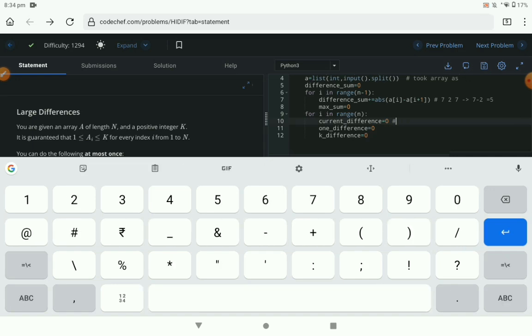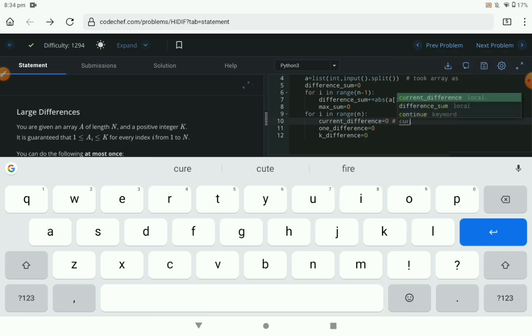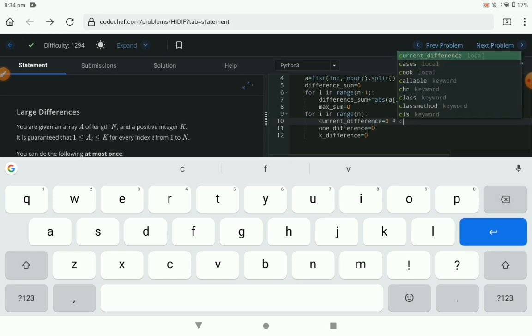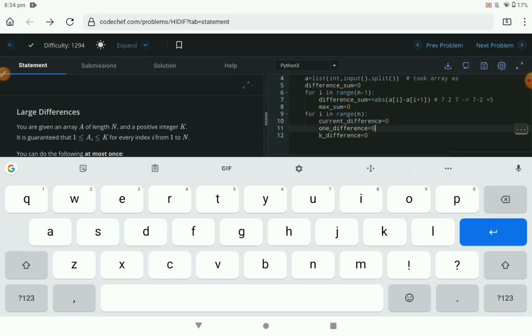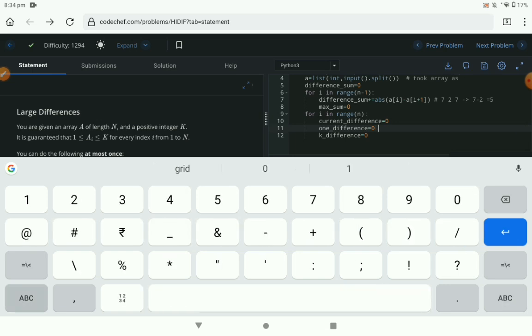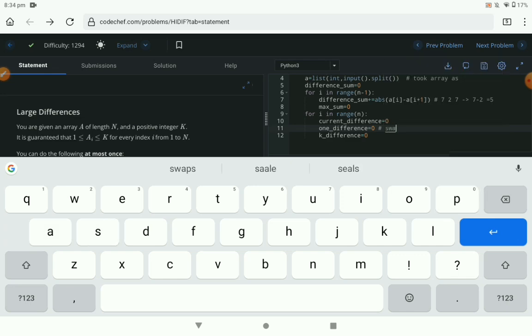Basically, our current difference just stores the values of the original elements. Our one difference swaps the number with 1, and our k difference swaps the number with k. Okay, got the point?